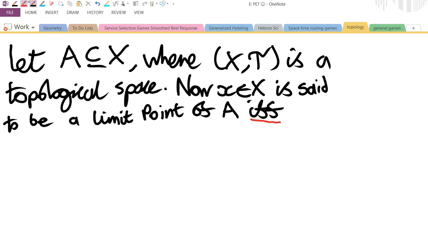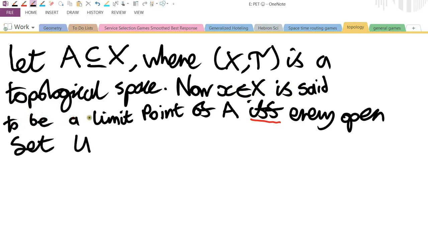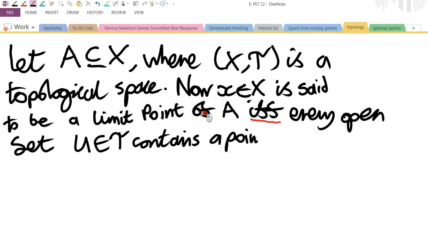So it's a limit point if and only if every open set U in our topology contains a point of A other than x.